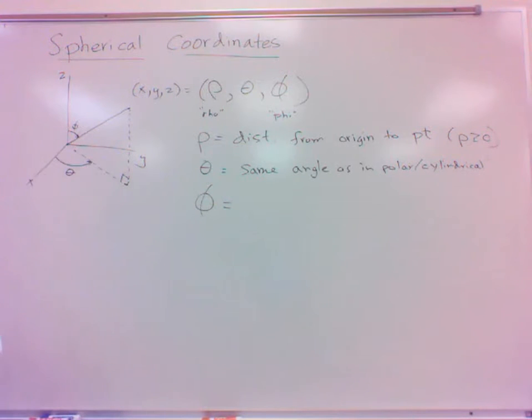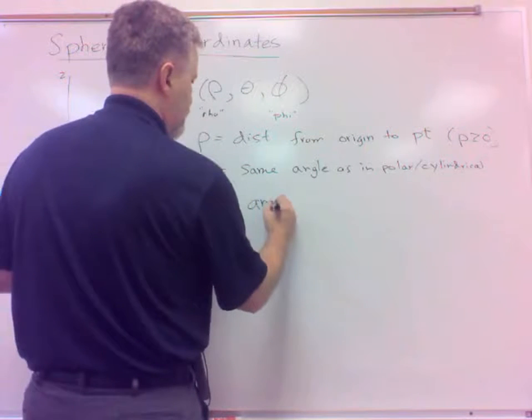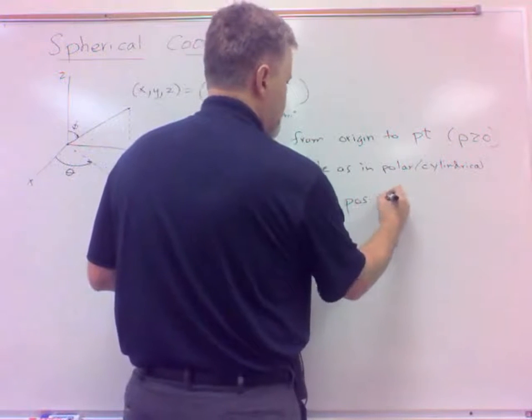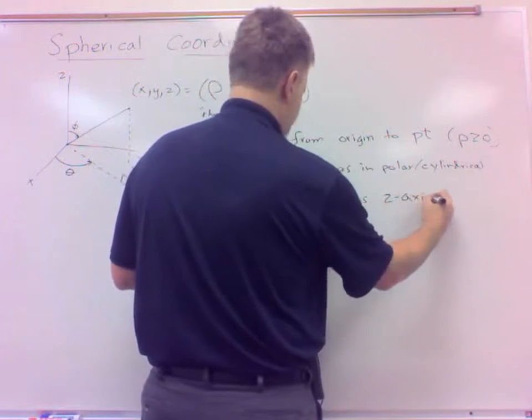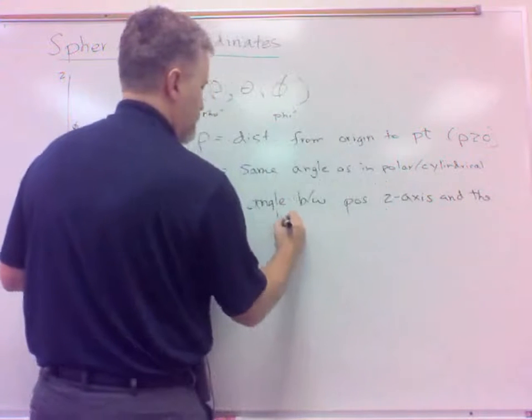Here's our line to the point, and phi is the angle we measure from the positive z-axis to that line. So it's the angle between the positive z-axis and the line from the origin to the point.